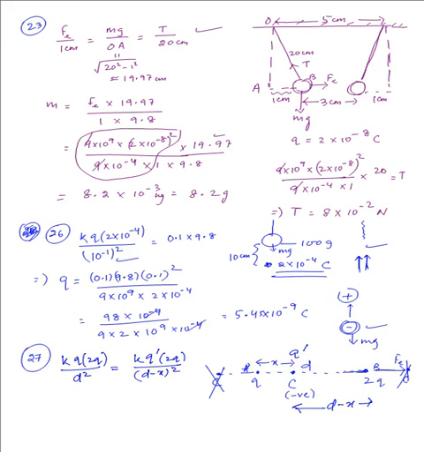So what we get from this is that the k's get cancelled out, the 2Q's get cancelled out. So we have Q prime over Q equal to (d minus x) whole squared over d squared.